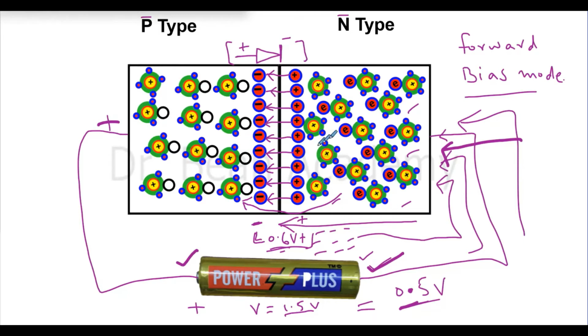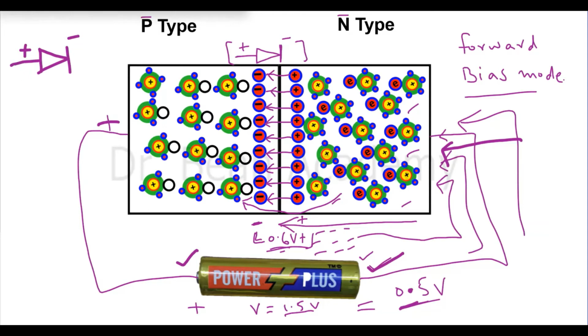So if I want to make circuit diagrams, I will show this symbol. For example, if I want to show this whole setup, I will show it like this, and then here is the diagram. Just remember that the arrow is representing the p-type or positive side, and the vertical bar is negative.